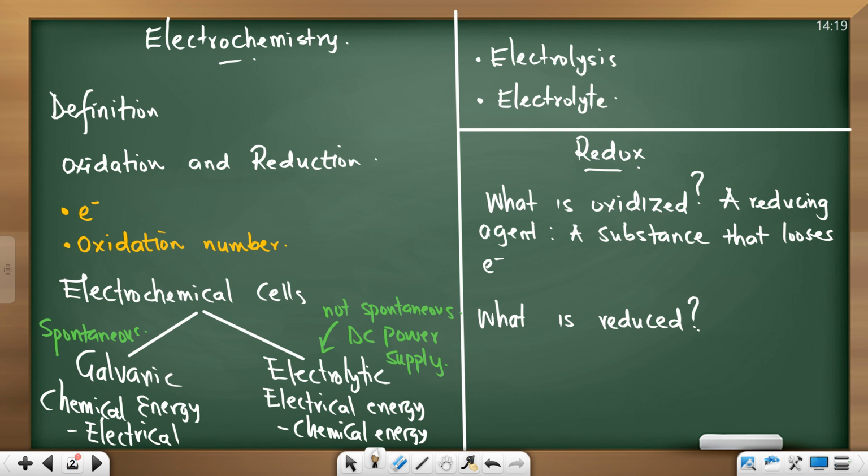All right? And what is reduced? Reduced is an oxidizing agent. And this is a substance that gains electron.